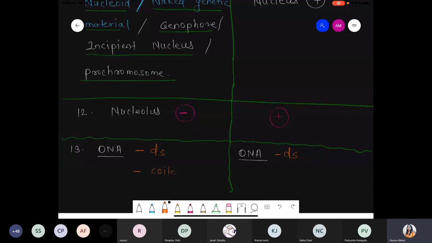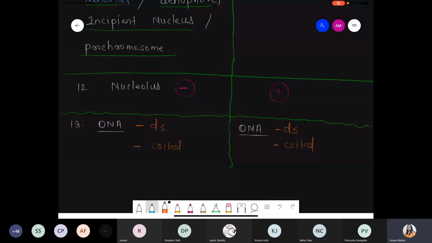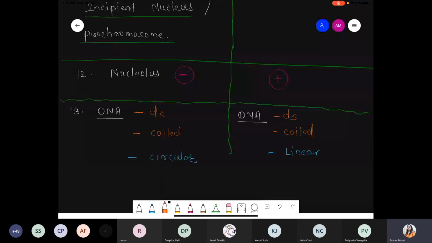Again, they are coiled. यहाँ तक common है, but variation with respect to their nature. So bacterial genetic material is circular, while in the eukaryotic system the genetic material is present in a linear form, right? Linear and circular.